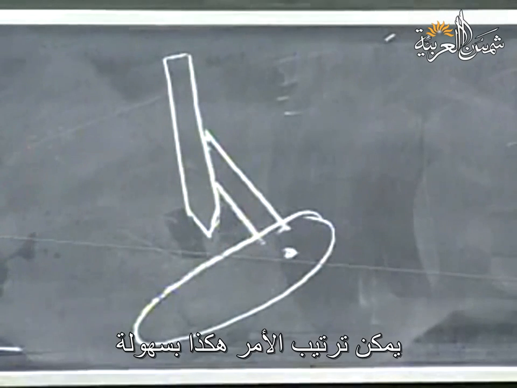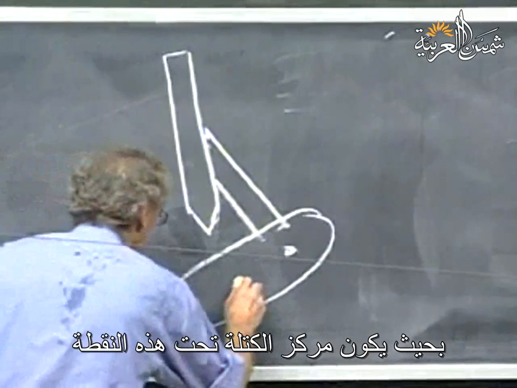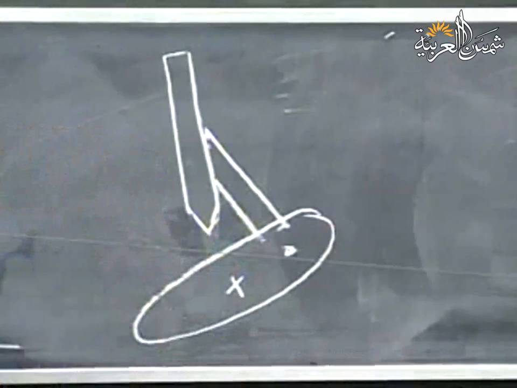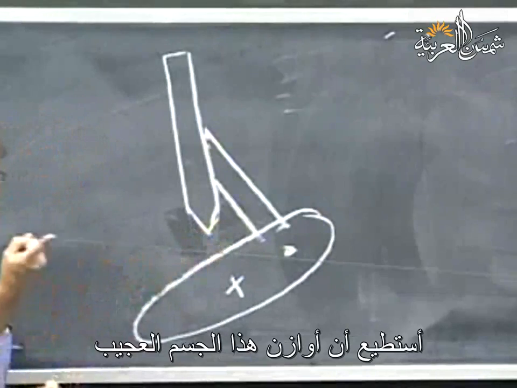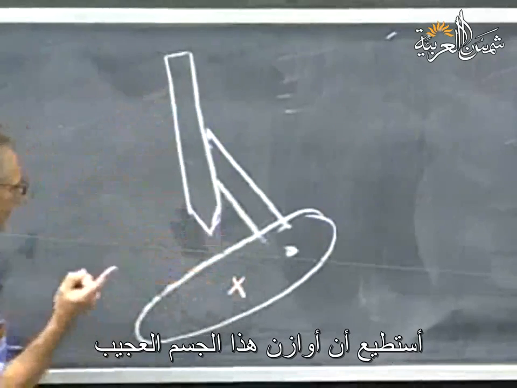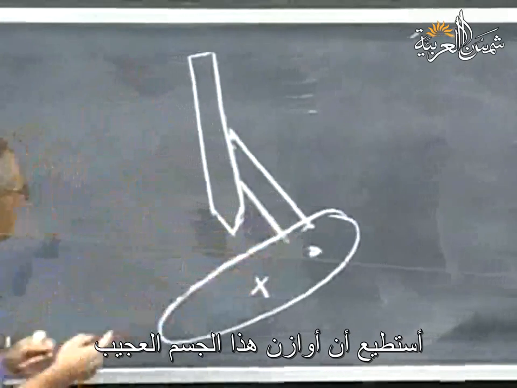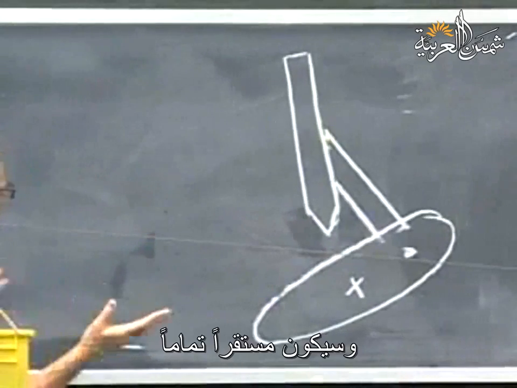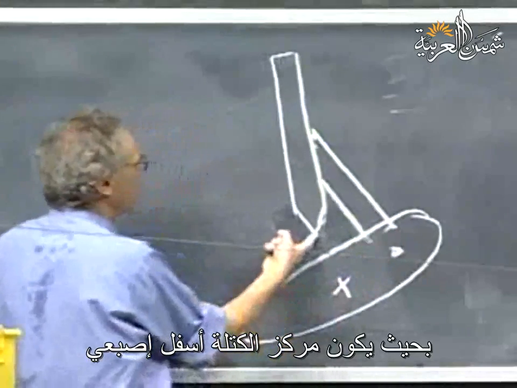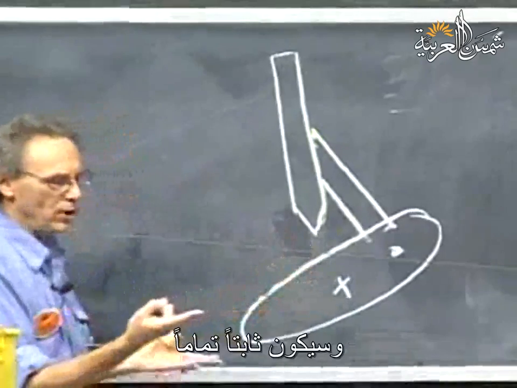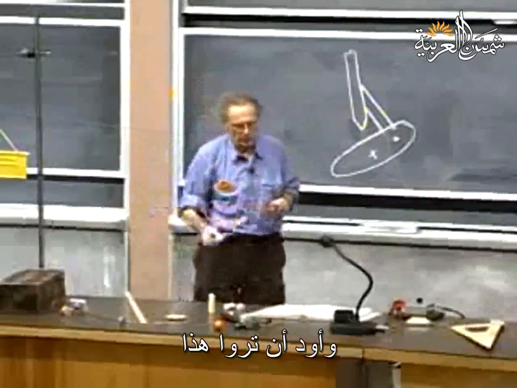This arrangement can easily be made such that the center of mass is below this point. And so if now I put my finger here, I can balance this rather strange object, and it will be completely stable. It will arrange itself so that the center of mass will fall below my finger, and it will be completely happy. And I want you to see that.